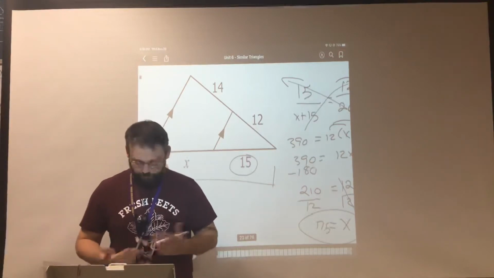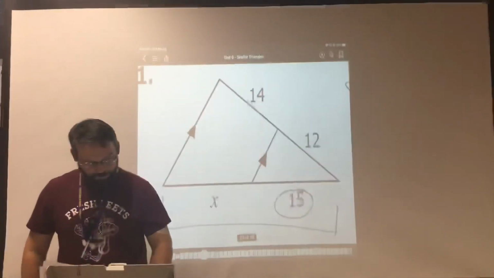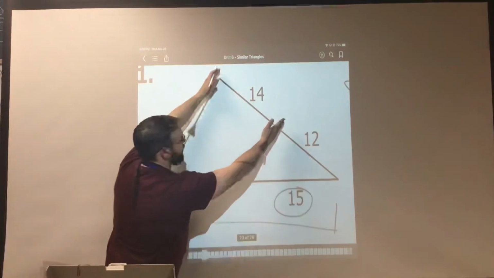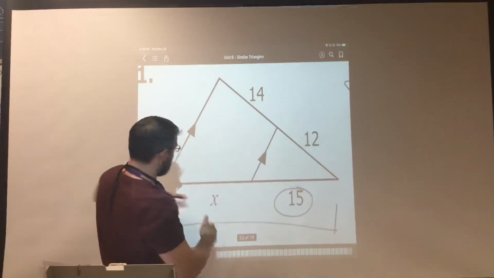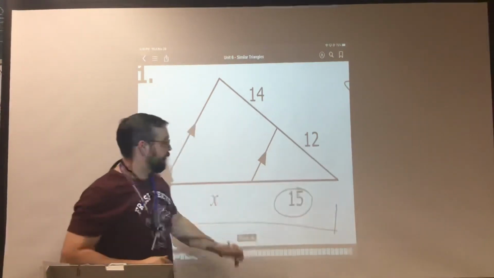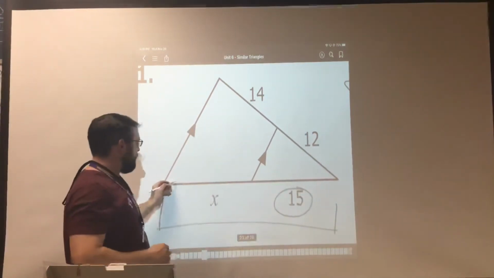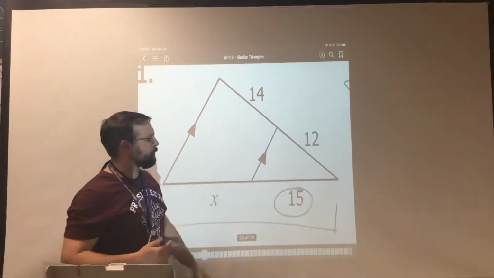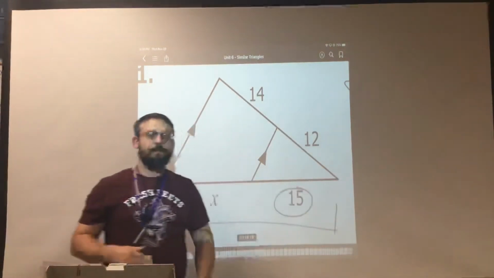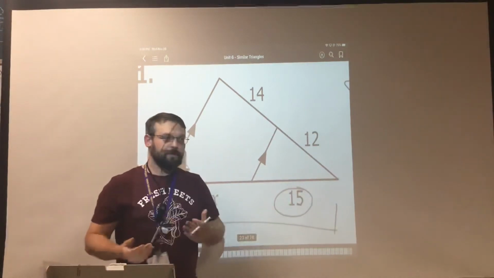And when we start throwing parallel lines into the mix, there are some interesting relationships that take place. For instance, some things we talked about in class the other day: these two parallel lines going on forever and ever being cut by a transversal means that this angle and this angle are congruent. This one and this one are congruent. Both triangles share an angle. So there are a lot of relationships.